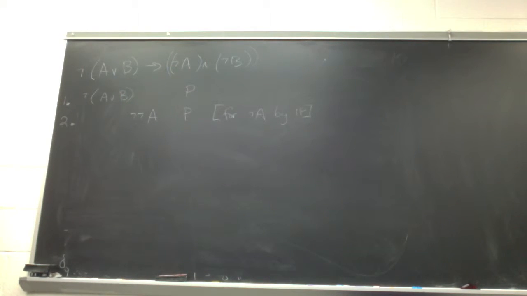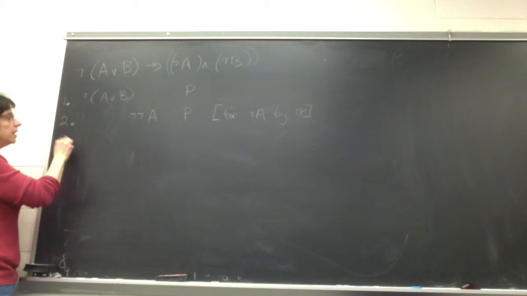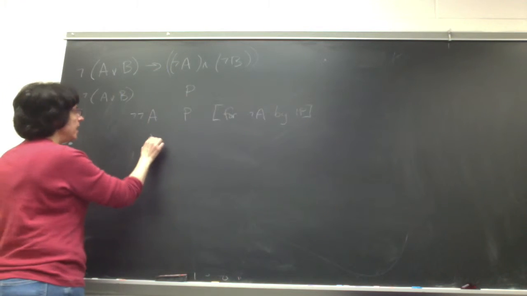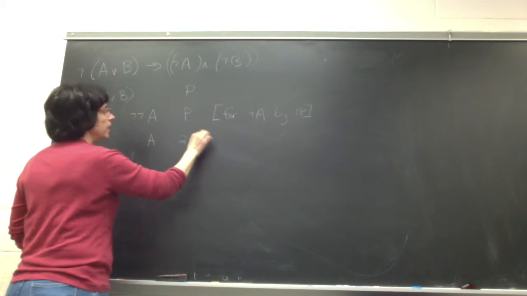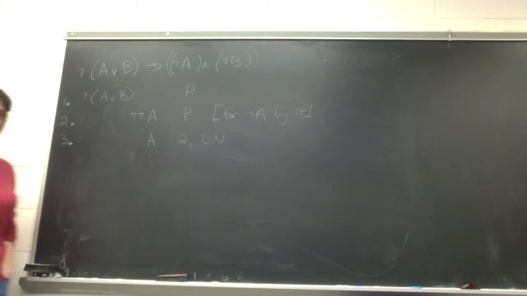All right, well, I have a double not. Of course, the first thing I'm going to try is double negation. So line 3, that becomes A based on line 2 and double negation, right? Now, if I'm doing proof by contradiction, right, I'm trying to find a contradiction. So can you guys see where maybe I could head? I mean, look what's above me, right?